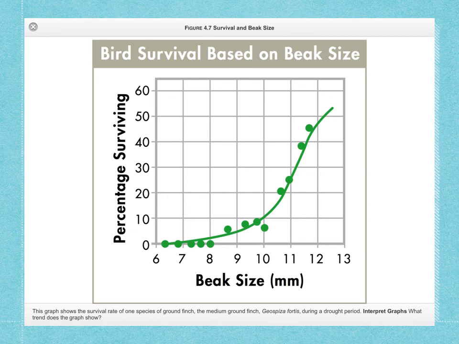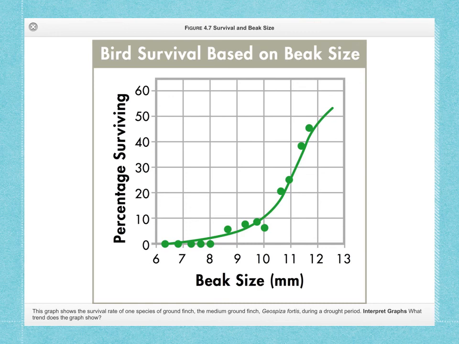If we look at this nice, beautiful chart here, we can see the percentage of surviving, and this is bird survival based on beak size. They found that if you have a 6 millimeter to 9 millimeter beak, then your survival is going to be much lower when some natural disaster occurs.